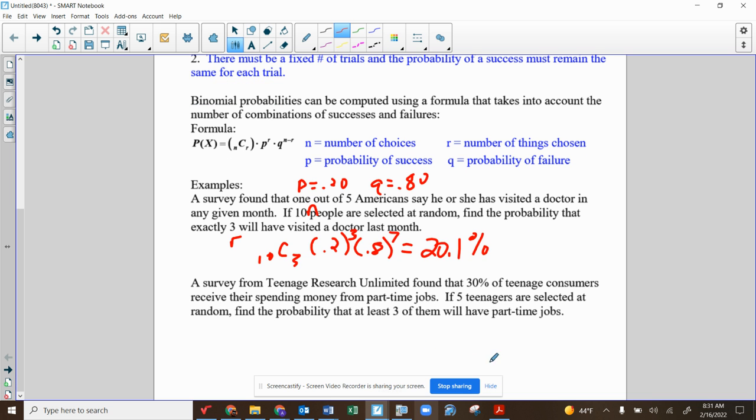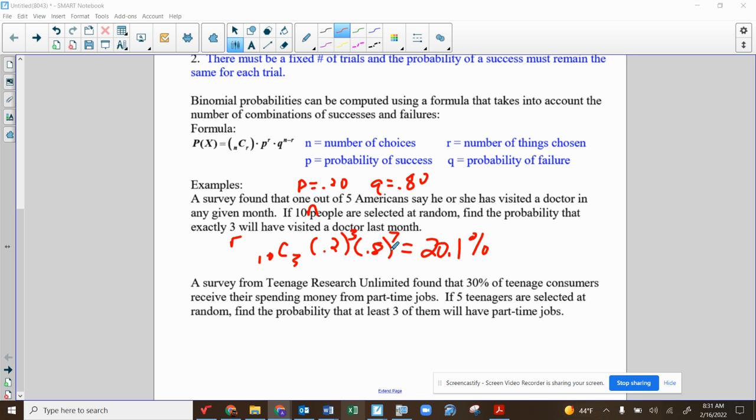Now, here's the problem that you'll come across with using the formula. A survey from this research found that 30% of teenage consumers receive their spending money from part-time jobs. If 5 teenagers are selected at random, find the probability that at least 3 of them do. So that means you'd have to account for 3, 4, and 5.